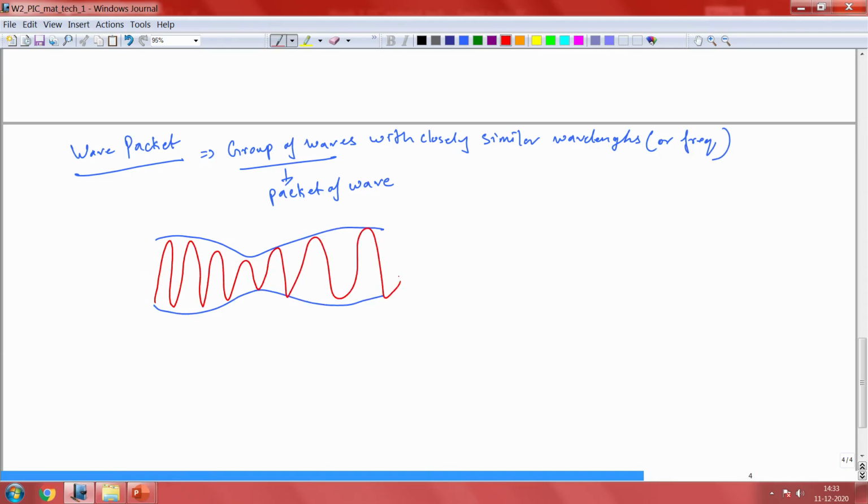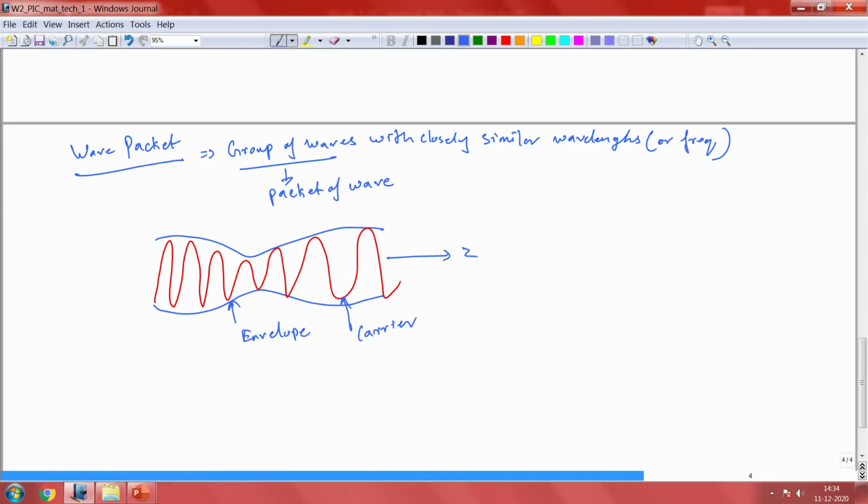All right. So, they are moving along the z direction. They are all traveling at the same frequency, pardon me for the frequency change here, and this is the envelope and this is our carrier. So, this is how a packet of waves would travel.